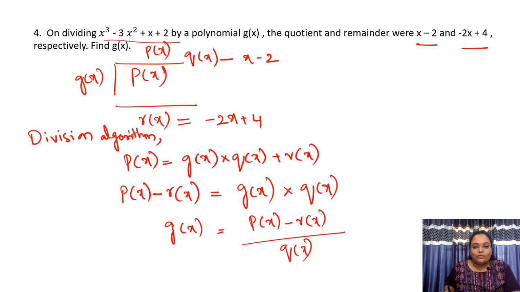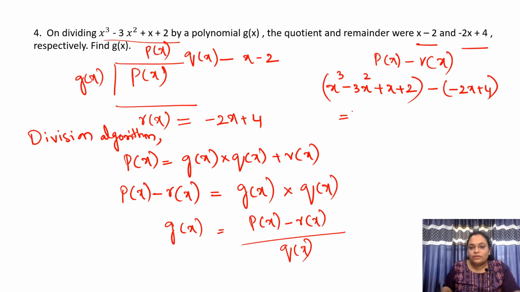So when you subtract these both and divide by q(x), you will get g(x). So what is p(x)? p(x) is x³ - 3x² + x + 2. r(x) is -2x + 4.